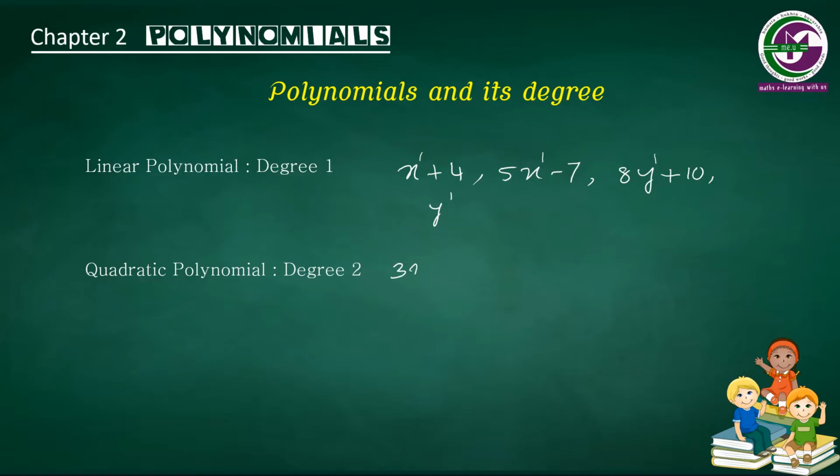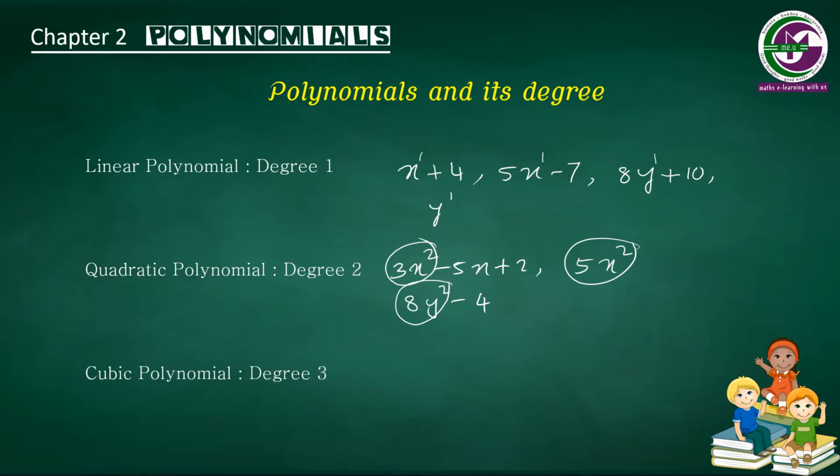Examples: 3x square minus 5x plus 2 is one example. 5x square is an example of a quadratic polynomial. 8y square minus 4 is an example of a quadratic polynomial. So there should be one term with the power 2, and you can see in every expression a term with the power 2.